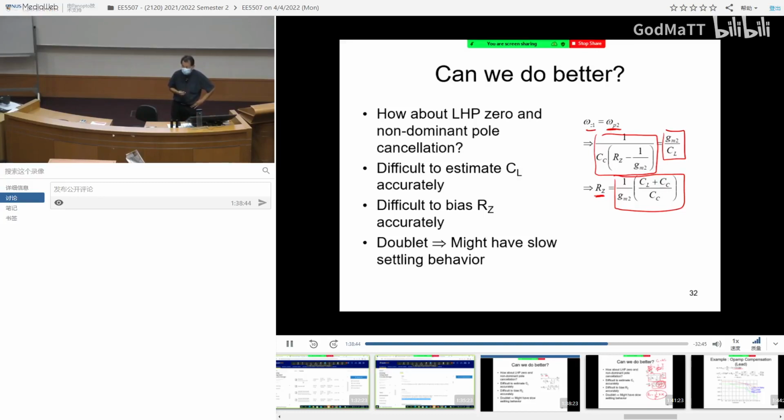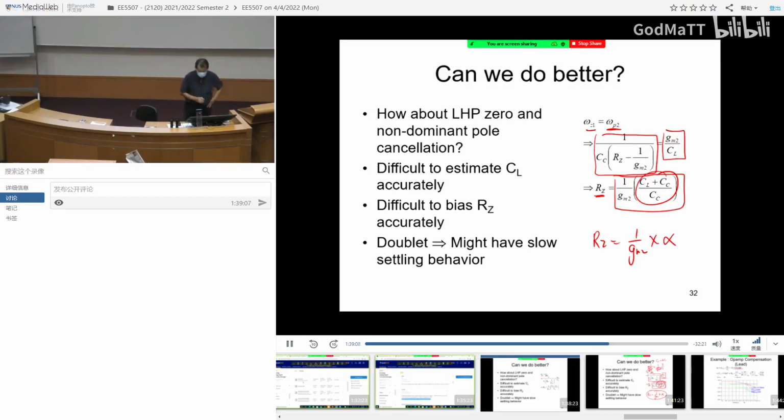Can it be done? If you think carefully, we already figured out a way to make RZ equal to 1 over GM2, right? So what this is telling you is basically just multiply by a certain factor. Am I right? Can this factor be accurately controlled?